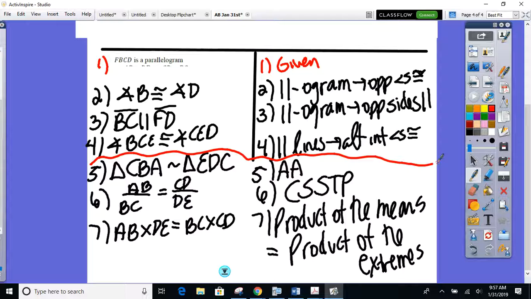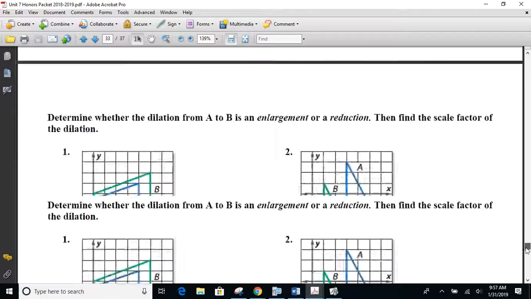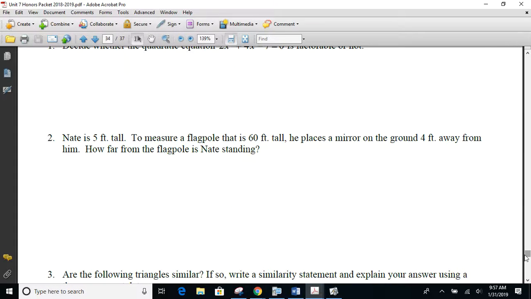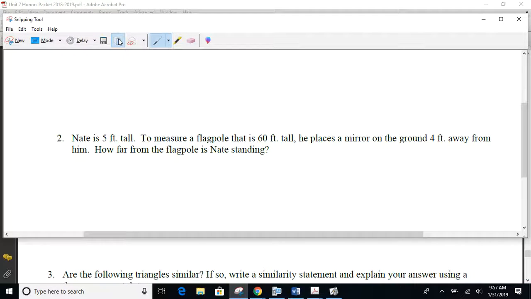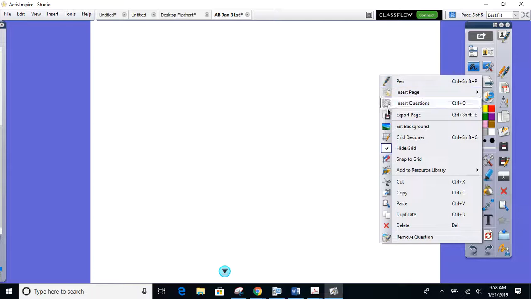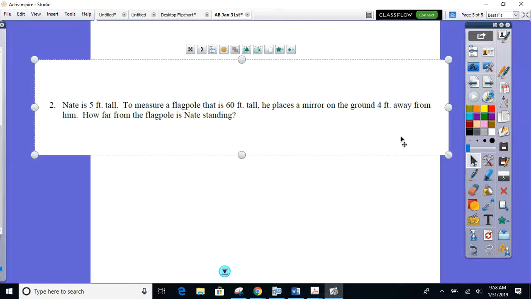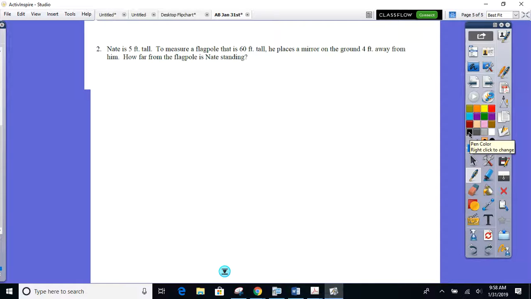Okay, last one I'm going to do with you is number 1, and then I'll let you go on your own: Nate and his flagpole. Nate is 5 feet tall.